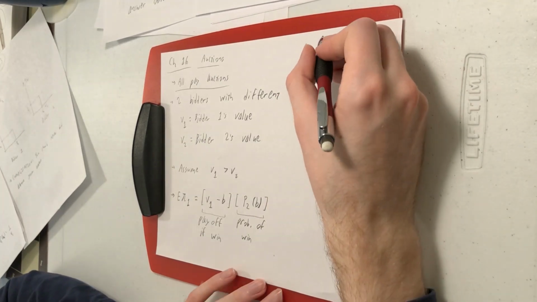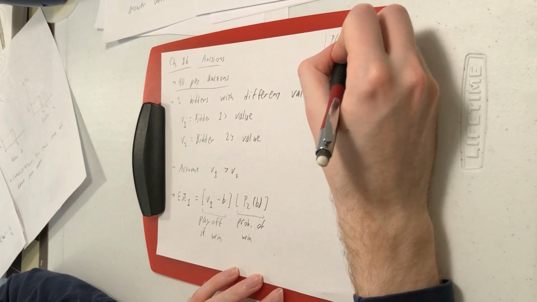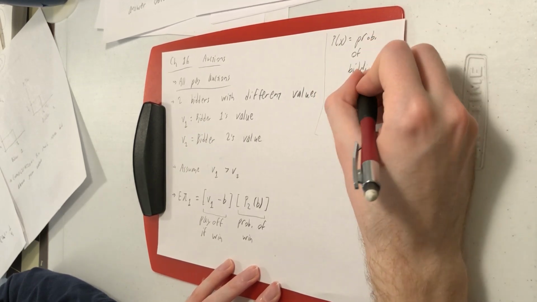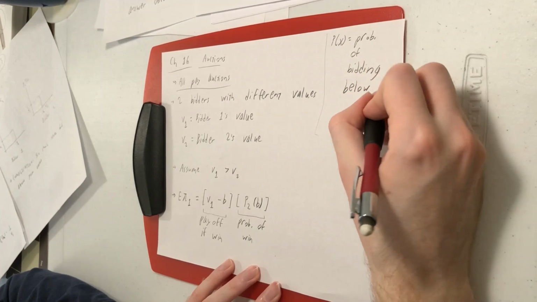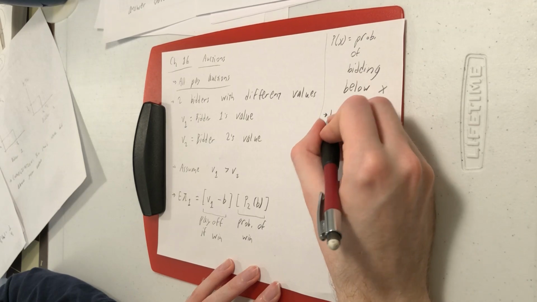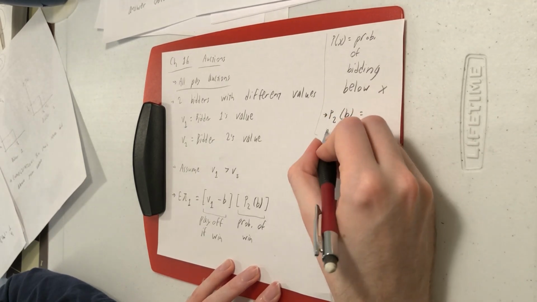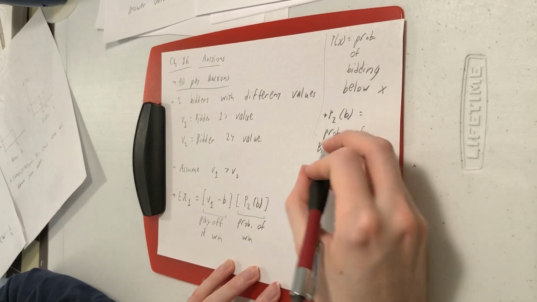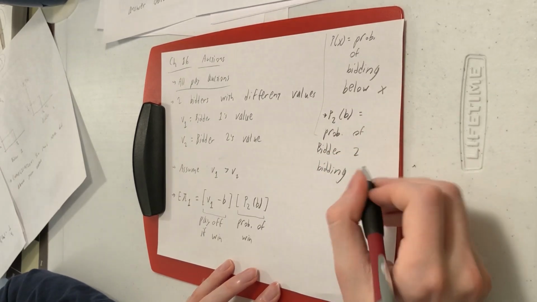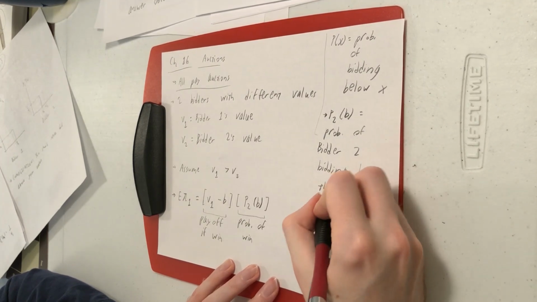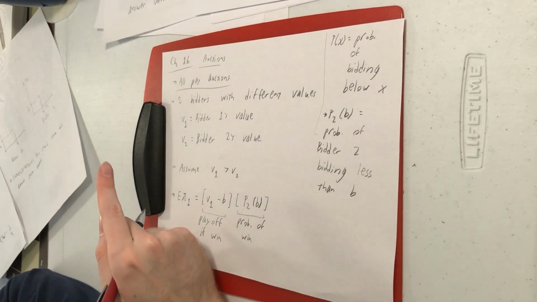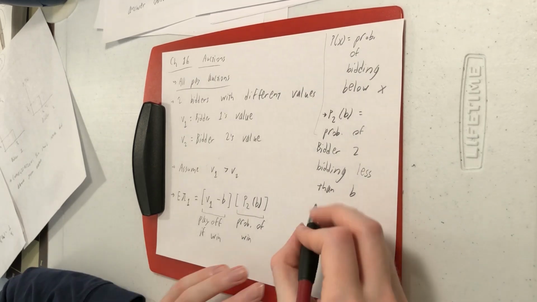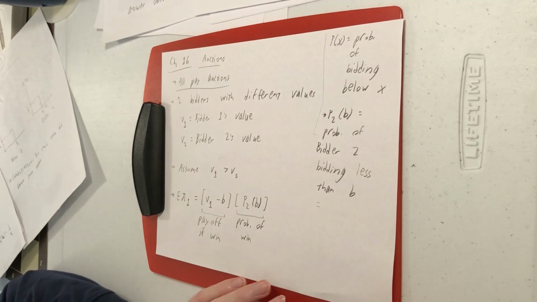Remember, we said earlier that P of X is the probability of bidding less than X. So P2 of B is the probability of bidder 2 bidding below B. If you're bidding B and they're bidding below B, that means you win. So this is the probability that bidder 1 wins the auction.